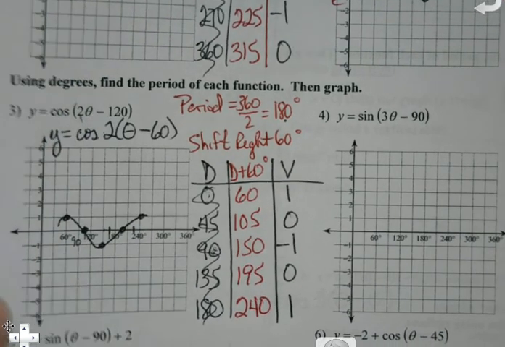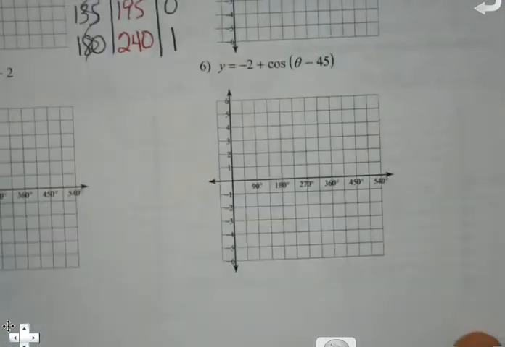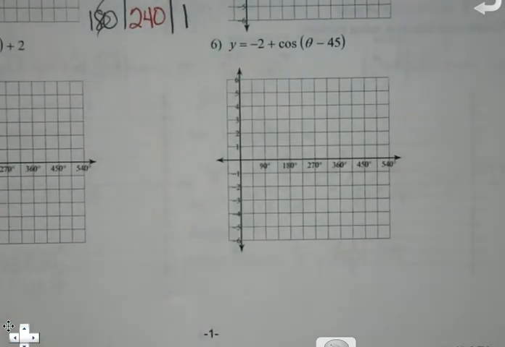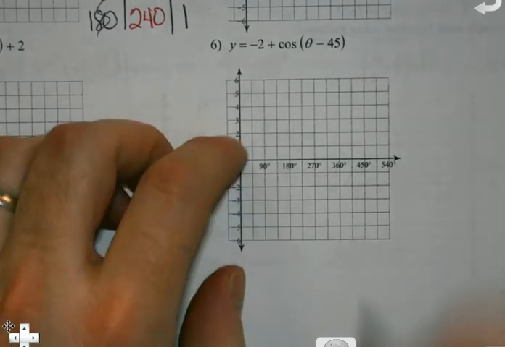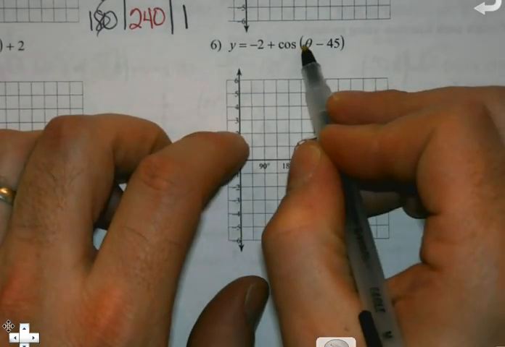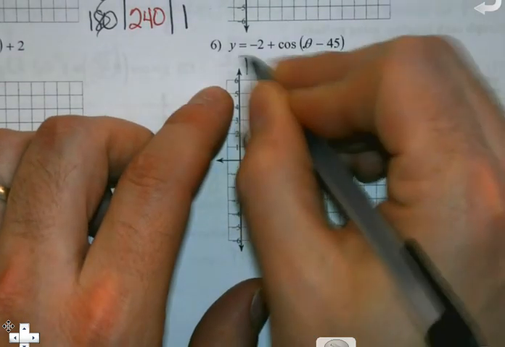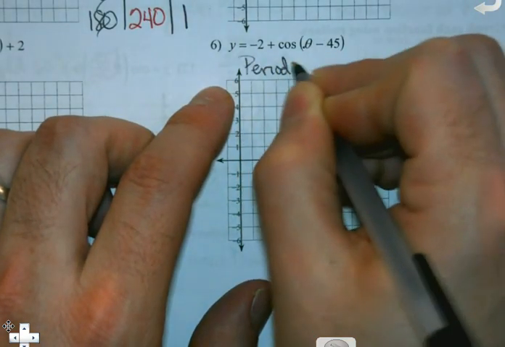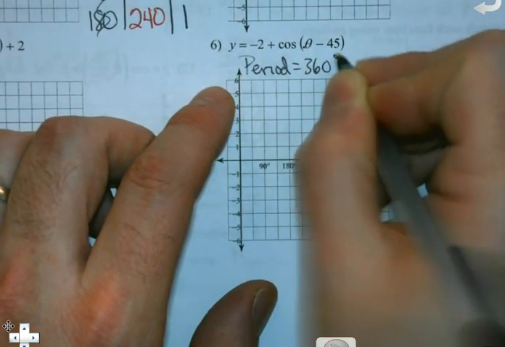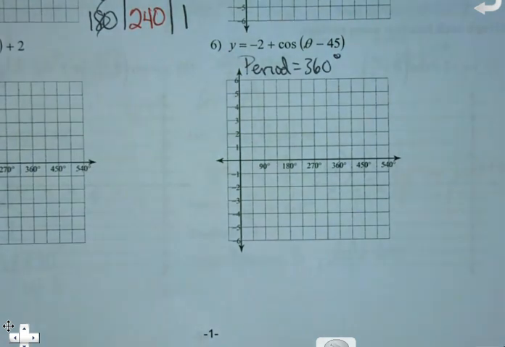So, let me move down to 6. Let's try out a different one here. Let's see what changes. Am I going to have a period change this time? No. Is there a value in front of theta? No. Okay, so my period is still going to be just 360.